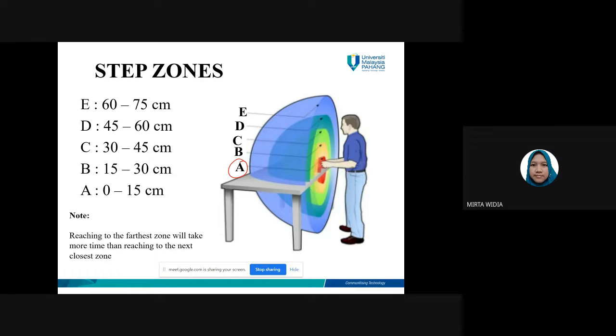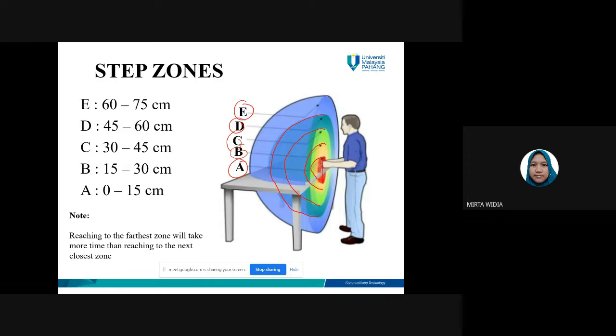This A is the red one, sampai sini, this one is A, yeah. B is the yellow one, sampai sini, okay. This is B, and then C is the green one, green sampai sini. This is the reach envelope, yeah. Okay, and then D here until sampai sini.